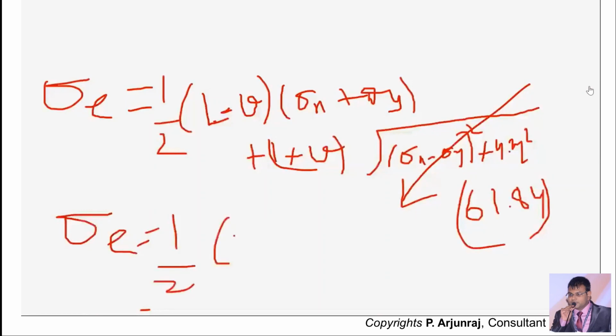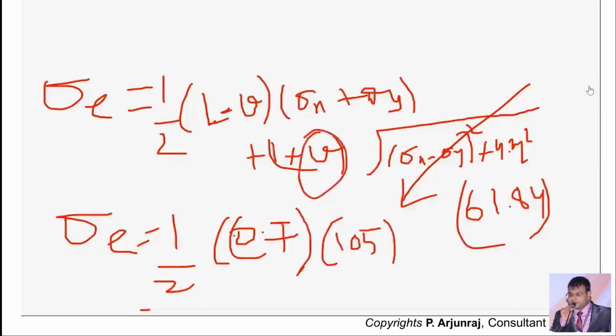Okay, it's going to be 0.7 into sigma x plus sigma y, 60 plus 45, it's going to be 105, and 1 plus 0.3 is going to be 1.3.